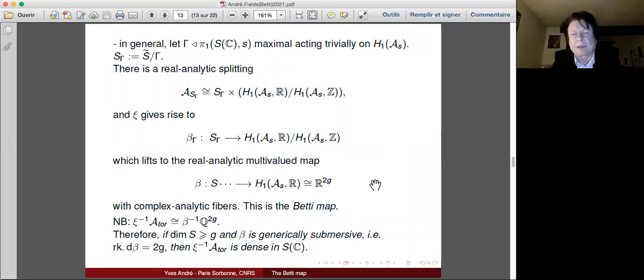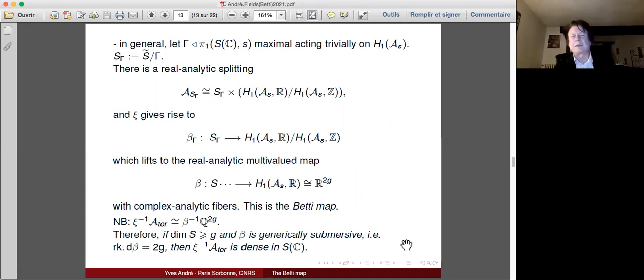And it has complex analytic fibers, but it is itself only real analytic and multi-valued. Now, the same remark applies. If you consider the pullback by beta of the points with coordinates in Q, rational points in R^2g, then this is nothing more than the torsion values of psi.